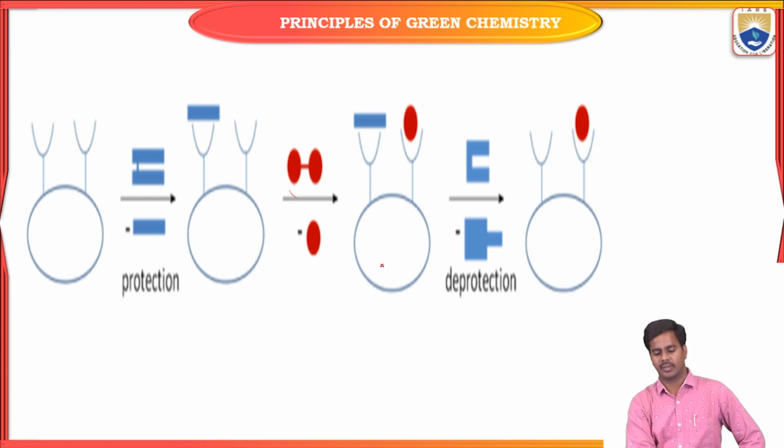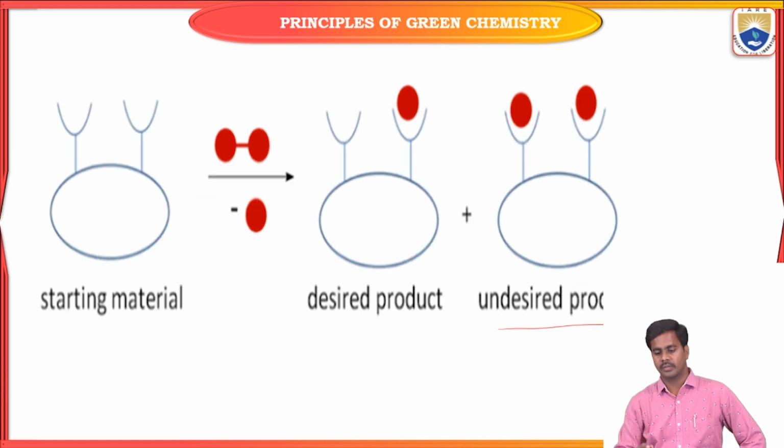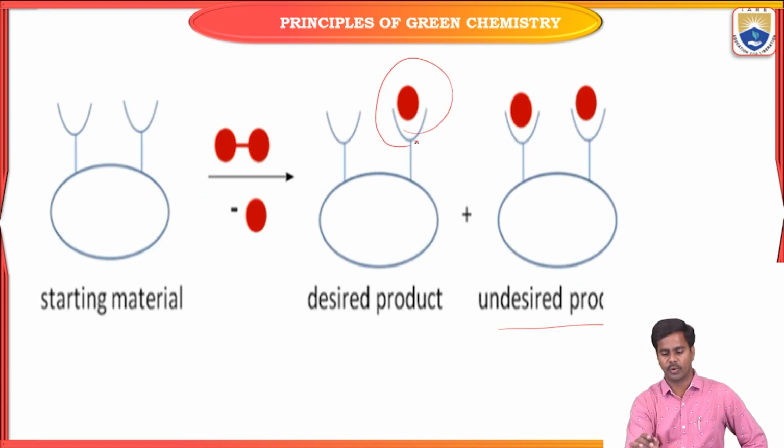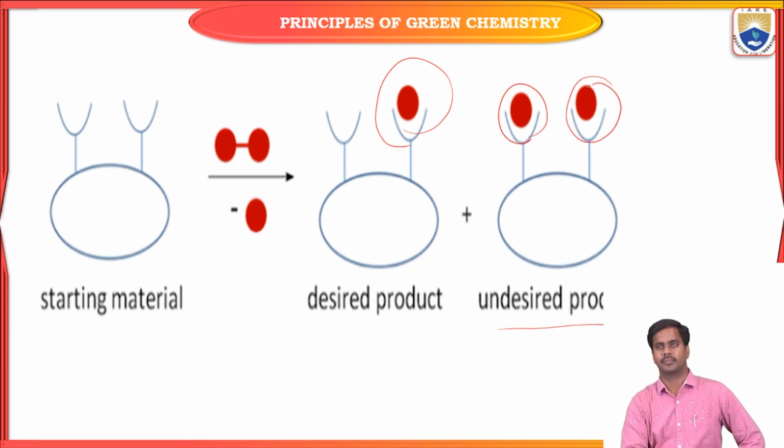The reactant carries only one leaving group, that is our desired product. If it carries two leaving groups, that is the undesired or unwanted product. So by using protecting groups, we should prevent the formation of these products.